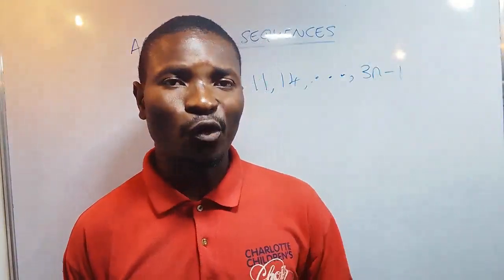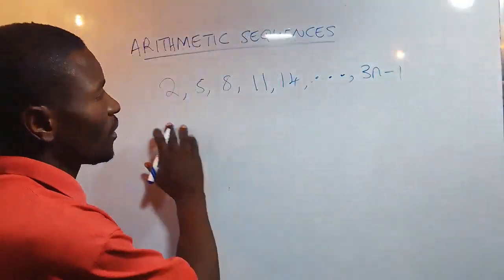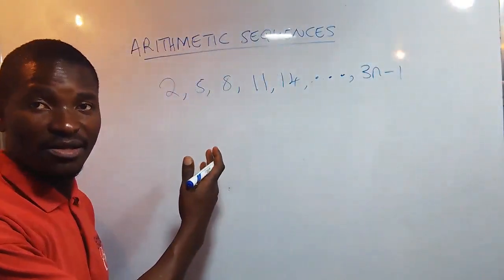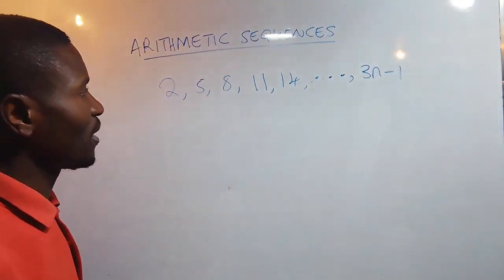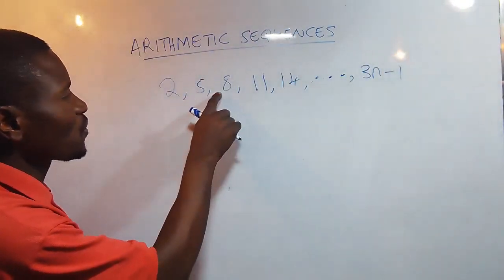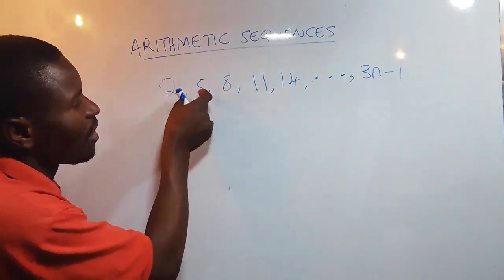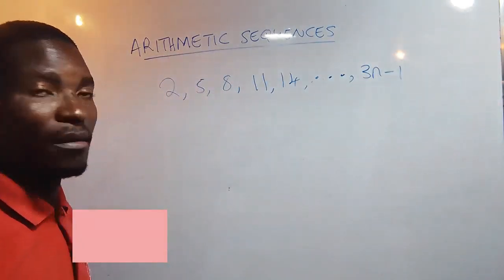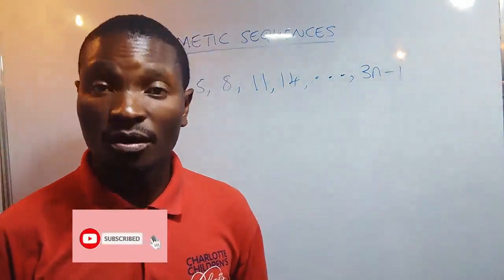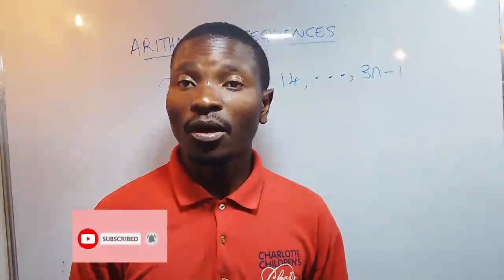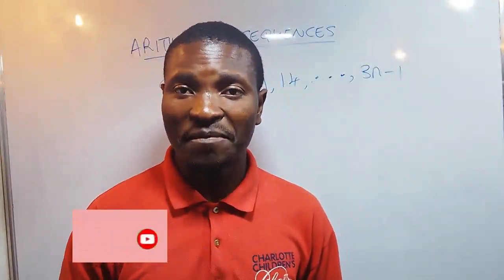This property is that when you are given something like this, the difference between each and every number in this sequence must remain constant. It must be the same.